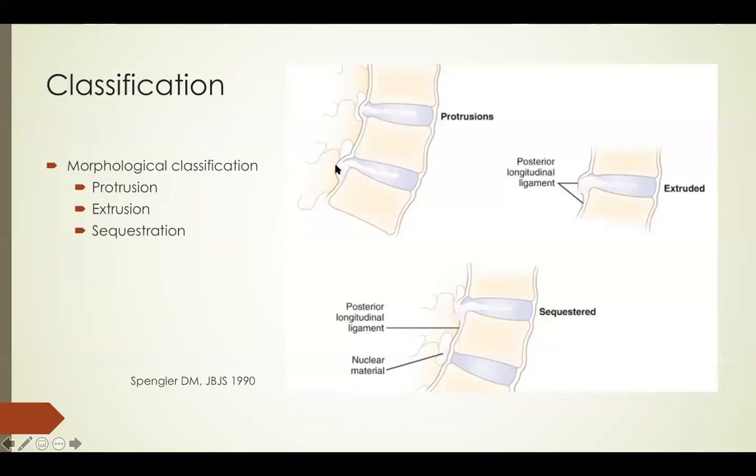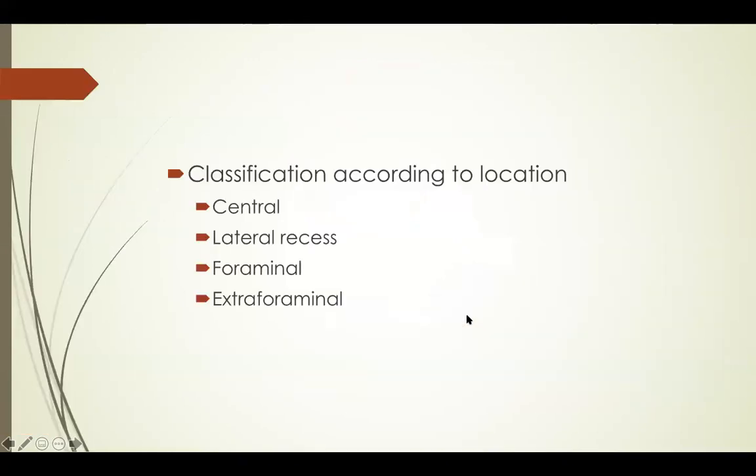Extrusion is when it's outside the nucleus pulposus, but some part of the disc is still inside the disc. And sequestered means it's outside without any connection to the disc. The nucleus pulposus is completely out without any connection to the rest of the disc. That's called sequestration.